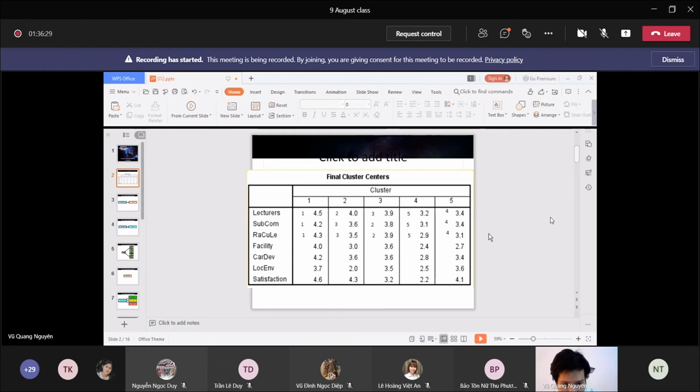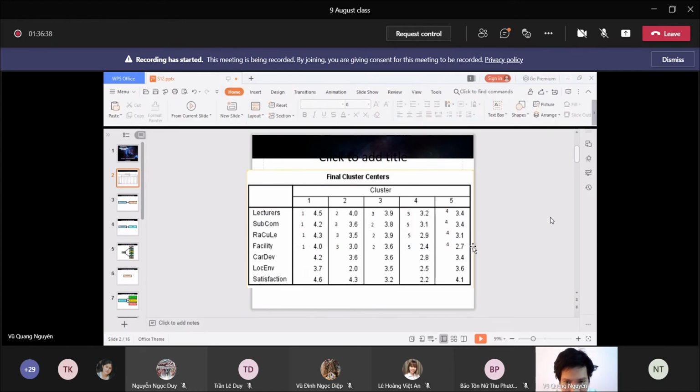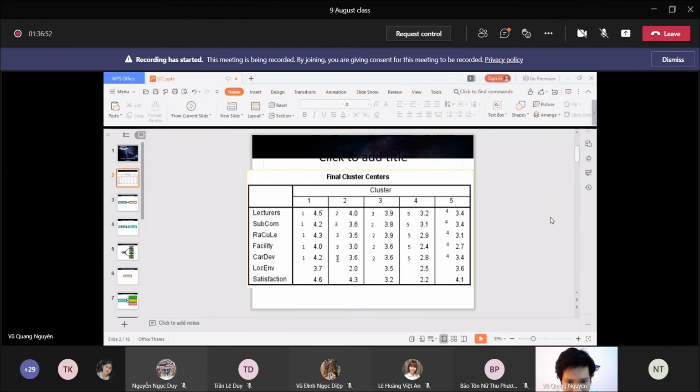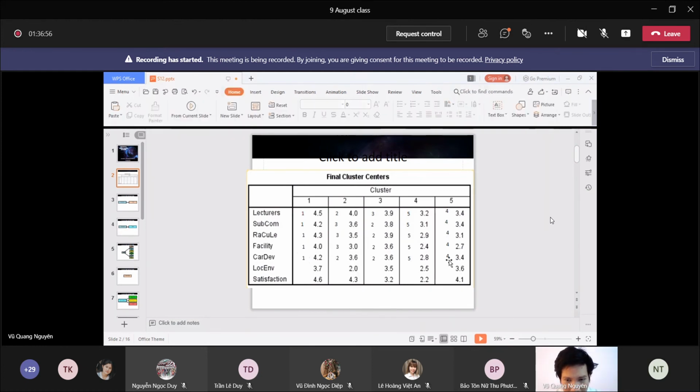Again, it's the same with subject complexity. Career development. Nearly the same, but no, it's not. It's 2 here too. 2, 2, 4, 5.